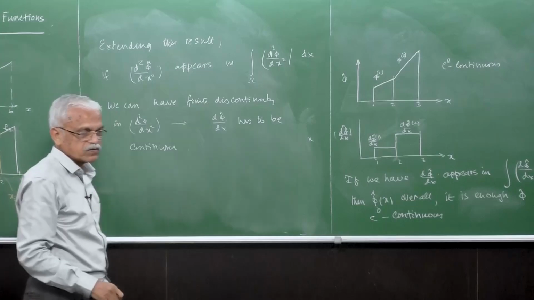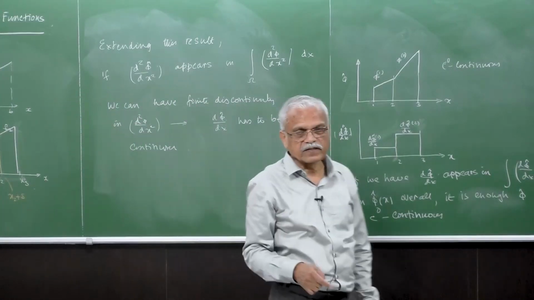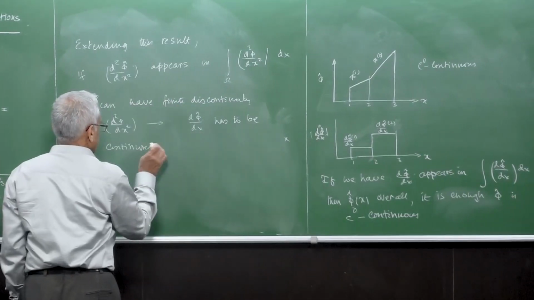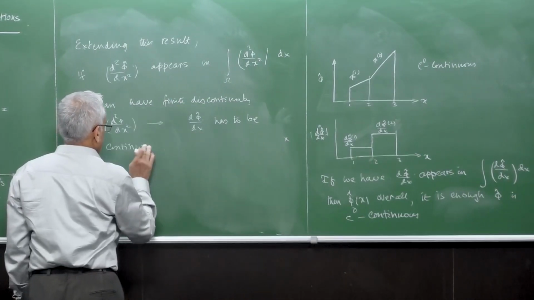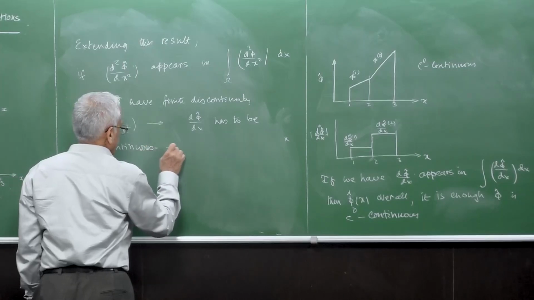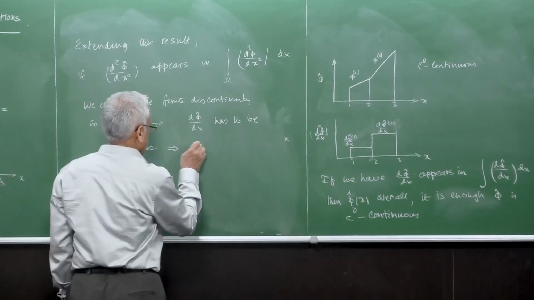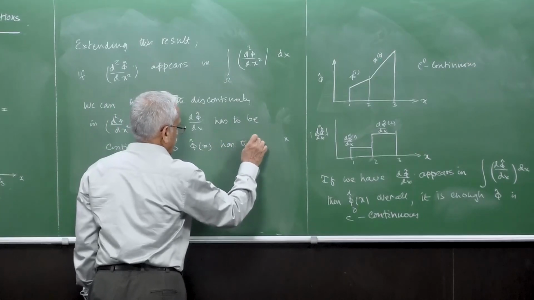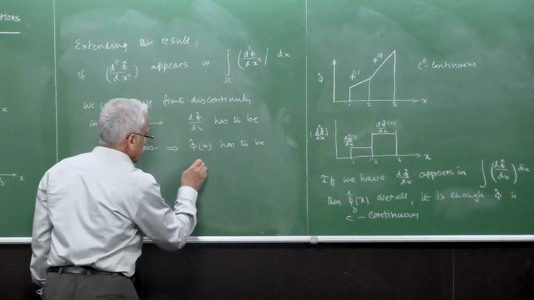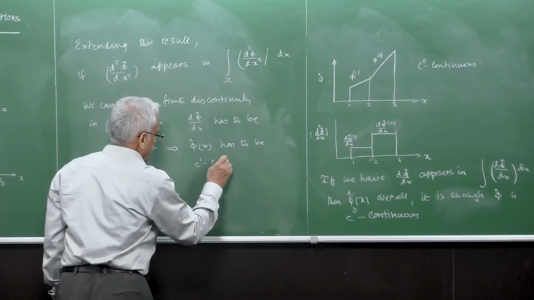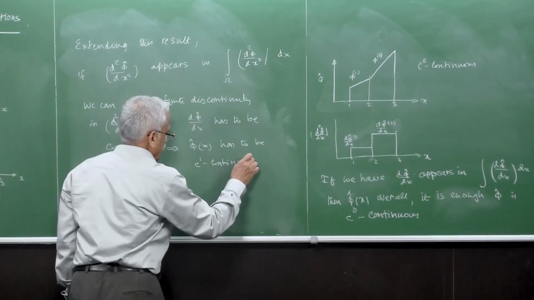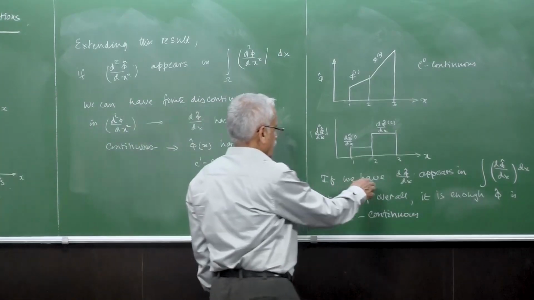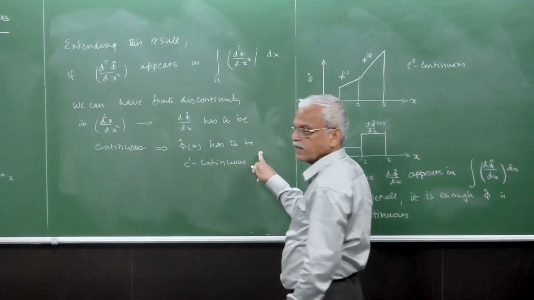If the derivative has to be continuous, it's one more than this one. So this means that the function φ̂ has to be C1 continuous. Okay, so this is the important observation. The requirement is one more order here.